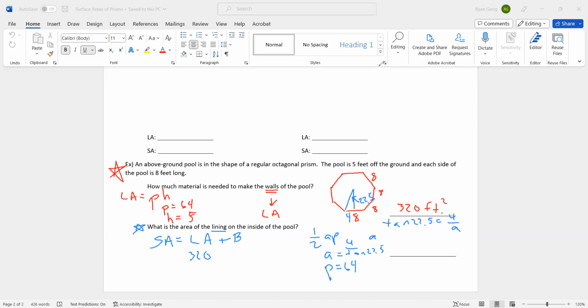So my big B is 1/2 times 4 over tan 22.5 times 64. I'm going to multiply the tops. I'm going to change colors again. 1 times 4 times 64 is 256. Divided by 2 tan 22.5.